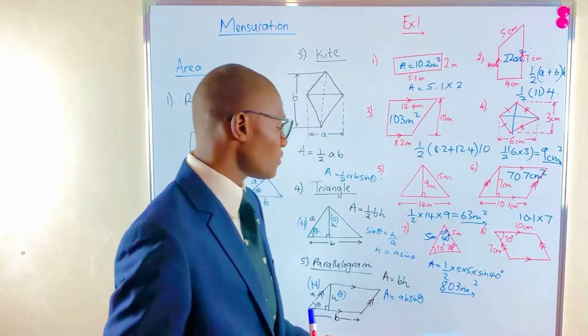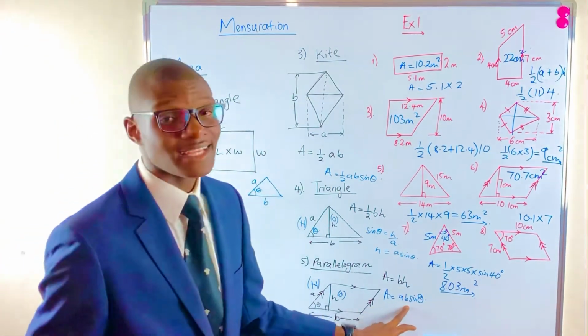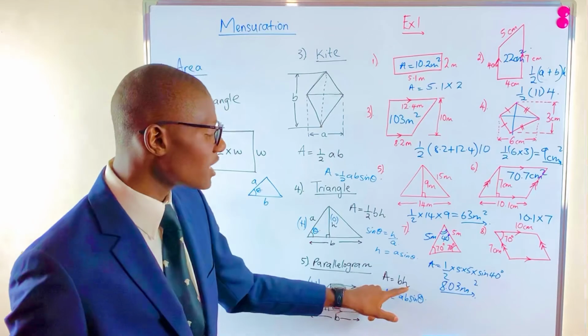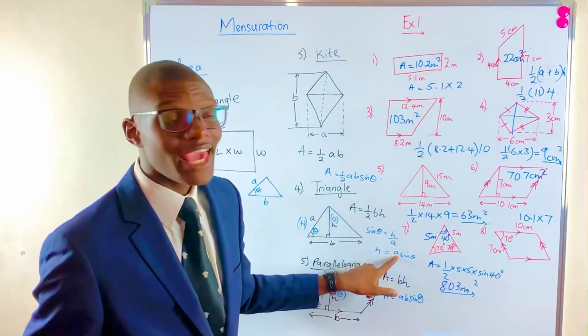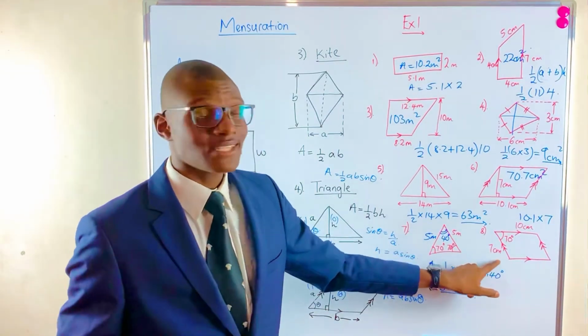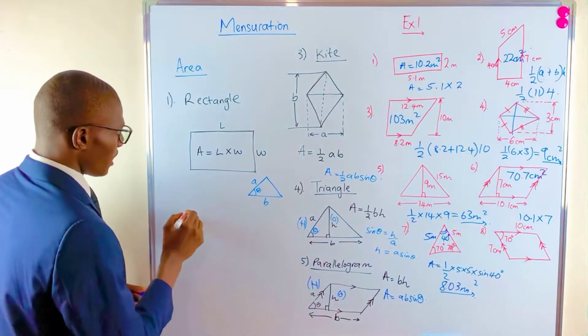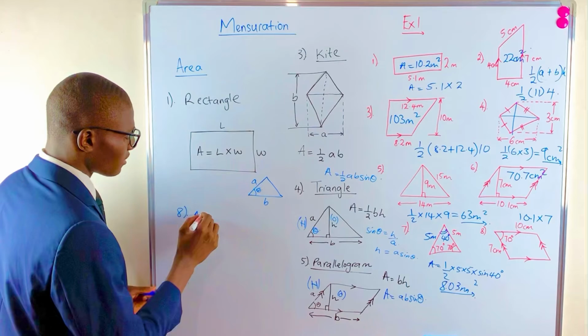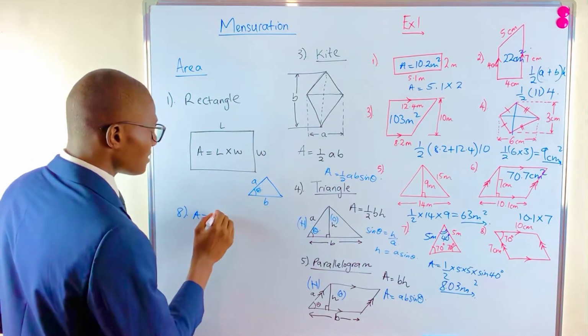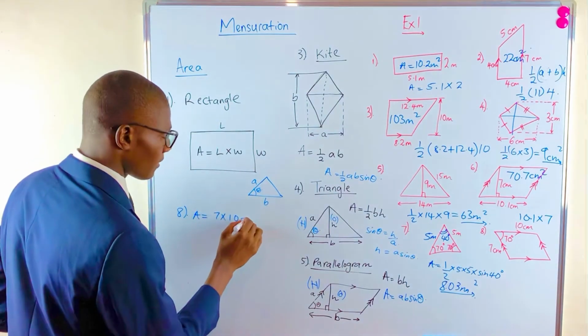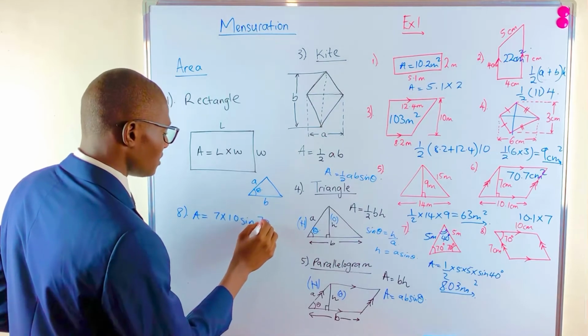So we said we use AB sine theta. So in place of the H, we're now replacing it by A sine theta, A being 7 centimeters, theta being 70 degrees. So the area for number 8 is now given by AB, 7 times 10, sine of theta being 70 degrees.